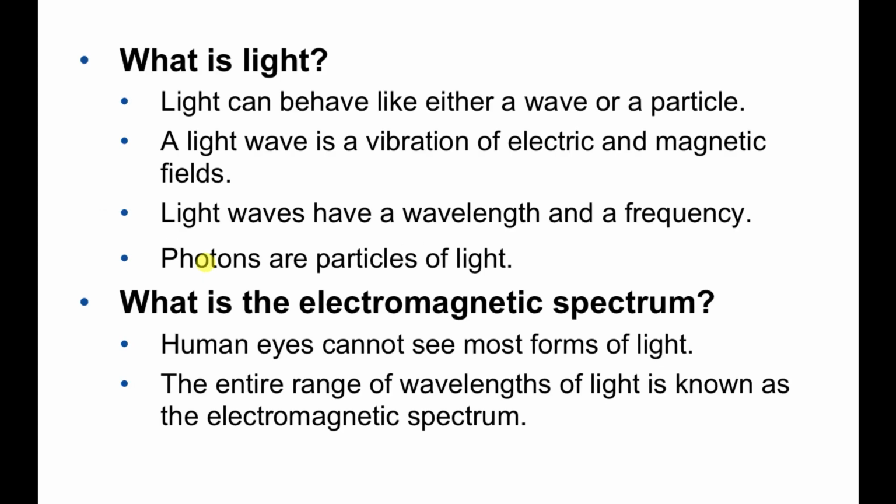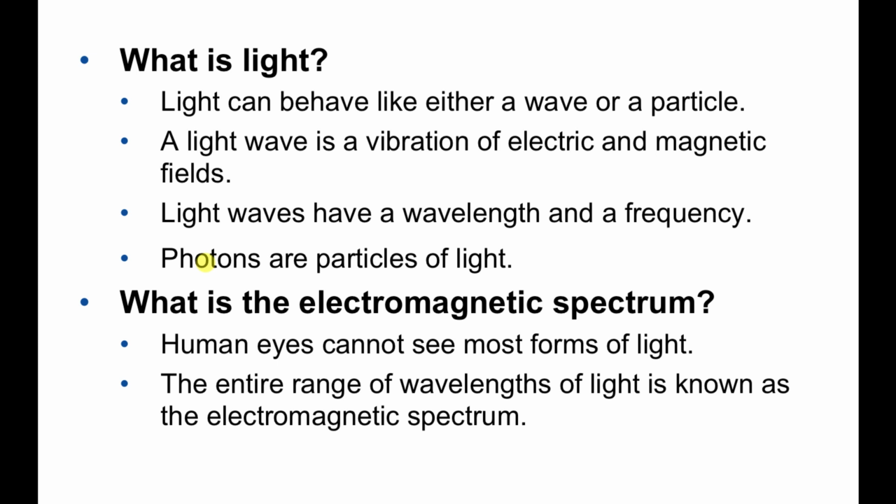So what we talked about then is that light can behave like a particle or a wave. And again, generally, you want to think about this in terms of whether the light is just simply traveling through space from one point to another, or whether it's being absorbed and emitted. So it's best to think of light as a wave when it's just traveling, or as a particle, a photon, when it's being absorbed or emitted. And when we think about the light wave, we think about an electromagnetic wave, an electric and magnetic field that's oscillating, it's vibrating.